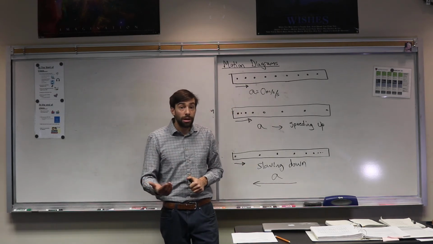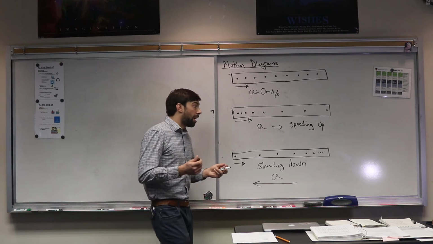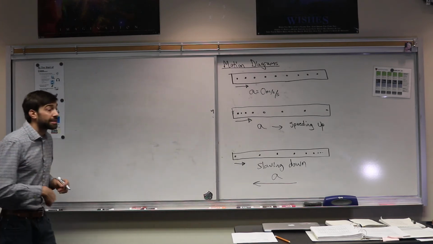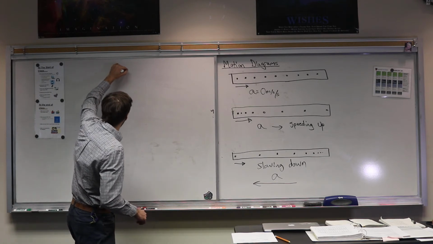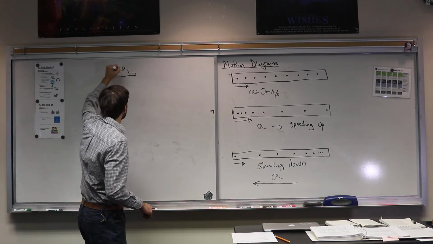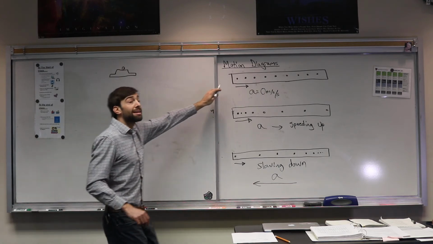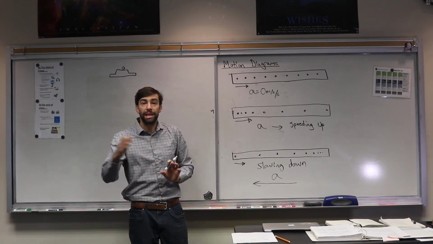Hopefully this is helpful in interpreting some of the homework problems. There are other visual representations on your homework. Some have little cars, like so, with a little person in them. Same thing as the dots, just pay attention to the spacing between the objects.